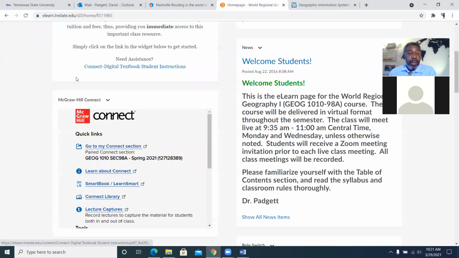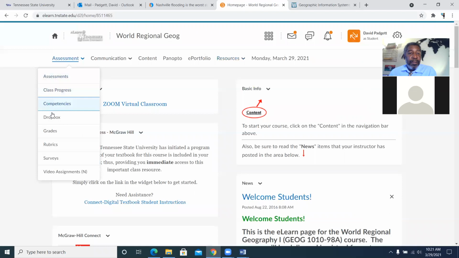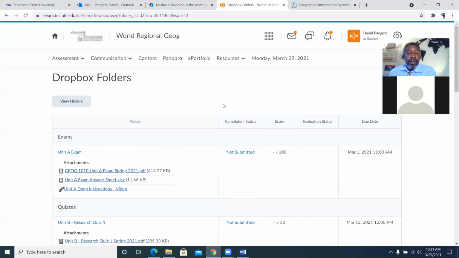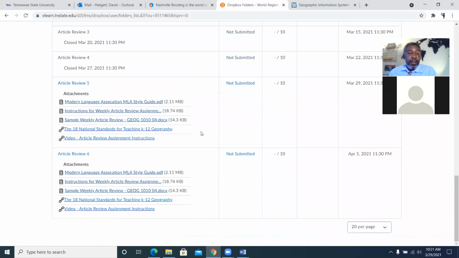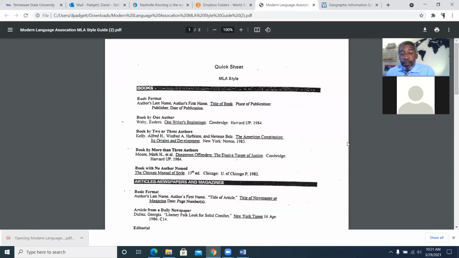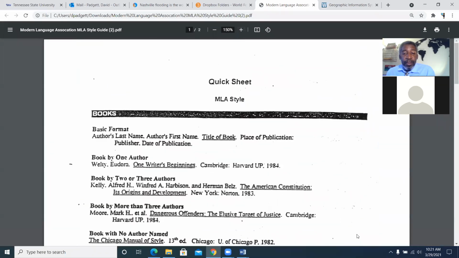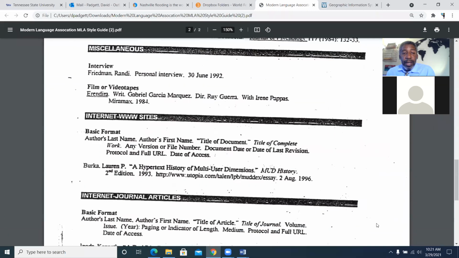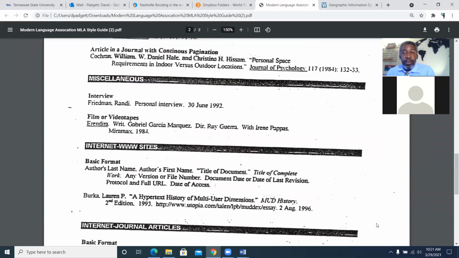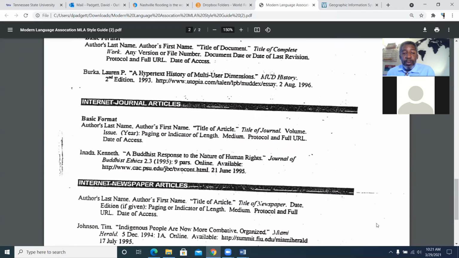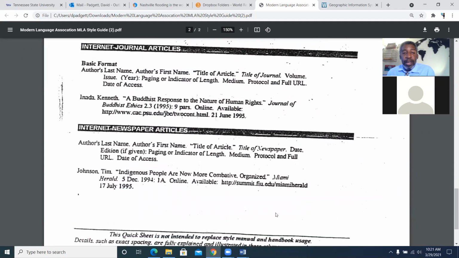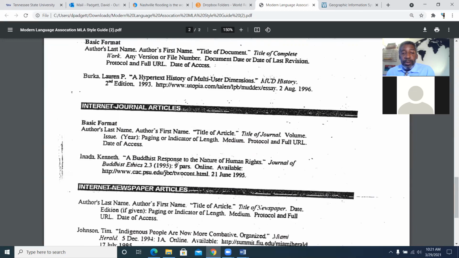If you go to the actual assignment itself, you'll see that included is an MLA style guide, Modern Language Association style guide, for citing various types of articles, including articles found online, which most of you will be finding, either newspaper articles online or internet articles online.